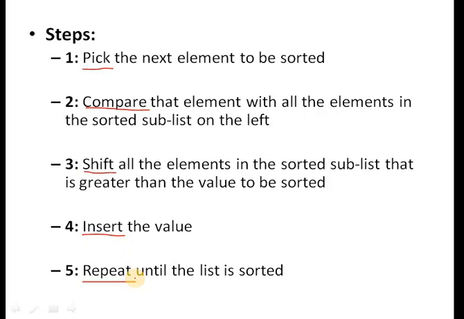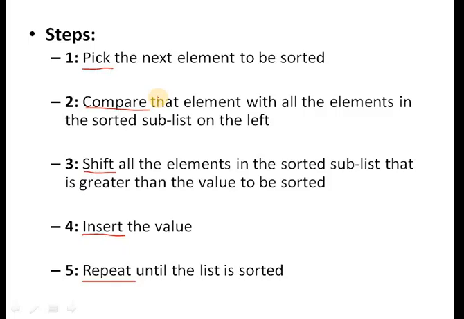So the first step is picking, the second step is comparing, the third step is shifting, the fourth step is inserting, and the fifth step is to repeat all of these. This is the insertion sorting algorithm.